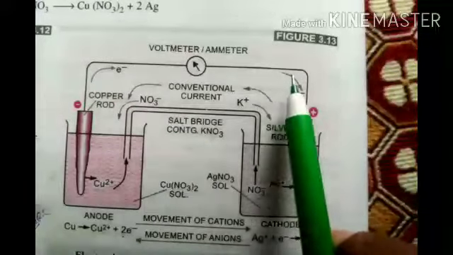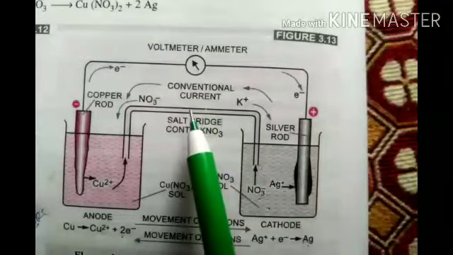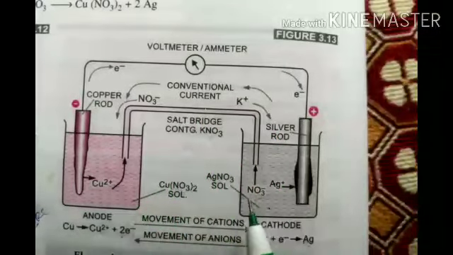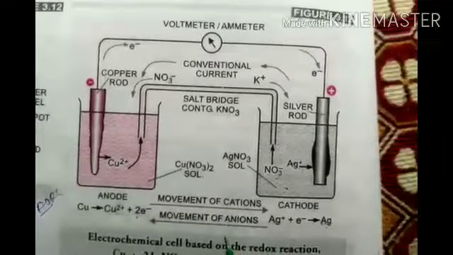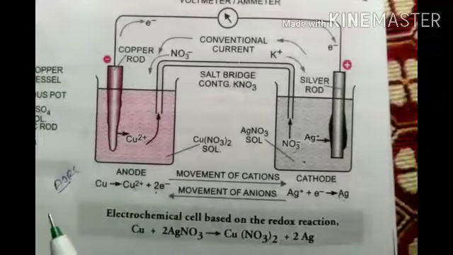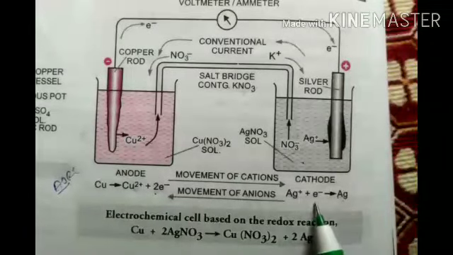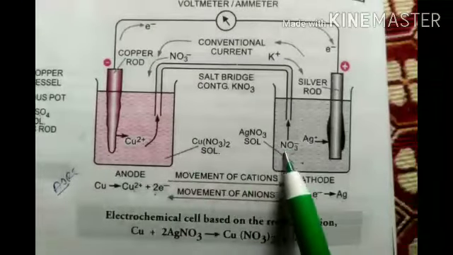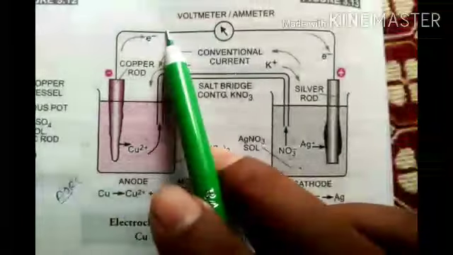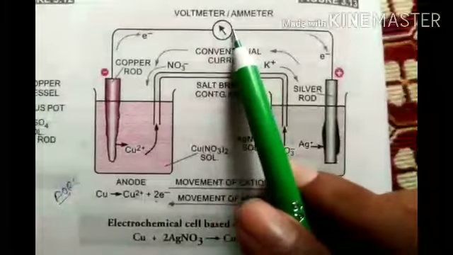Electrons are flowing from this side to this side, and current is flowing from this side to this side. The salt bridge is neutralizing this one and this one. The movement of cations and anions is very, very important. Copper produces cations, silver produces anions. Now this is electricity. Got it? This is the voltmeter, ammeter.